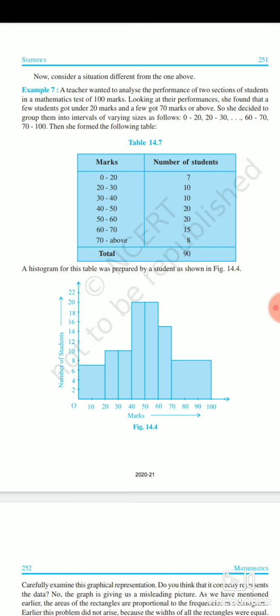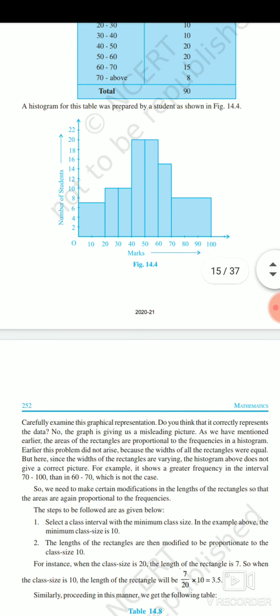It's not in uniform form, so we need to give a uniform form. For that, the frequencies of 0 to 20 and 70 to 100 are given as a greater frequency.